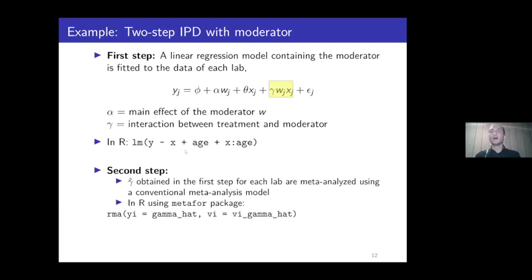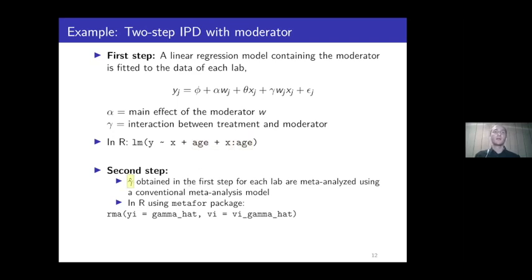So how do you do this in R? Again, you can use the lm function and now include the H. So H is our moderator in this case, so the main effect of H is included, as well as the interaction effect over here. So then based on this output, we can do it in a similar way as we did before, but now we are meta-analyzing the interaction effects between the treatment and the moderator.